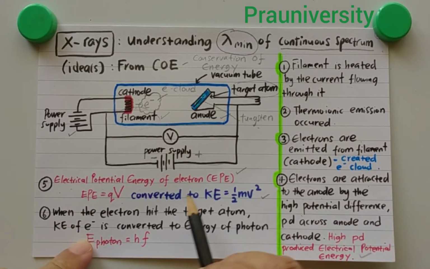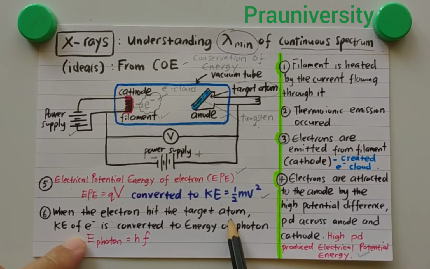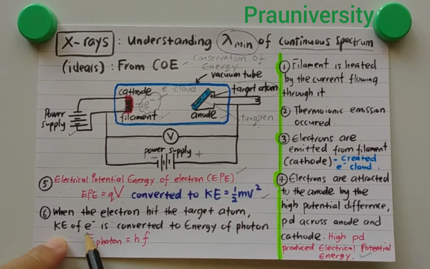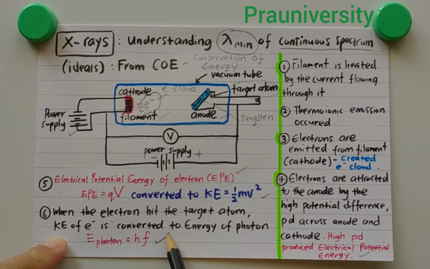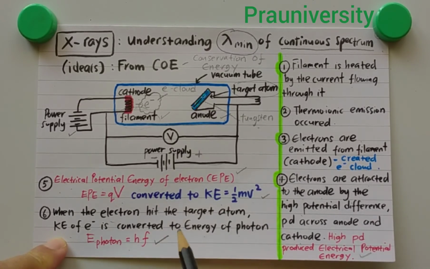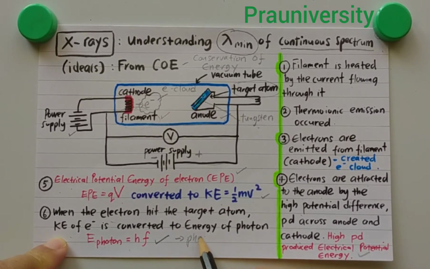Okay, so when the electron hits the target atom, the kinetic energy of the electron is converted to the energy of photon. So the energy of photon is here, E photon equal to hf. So in this case, actually the photon is an X-ray.